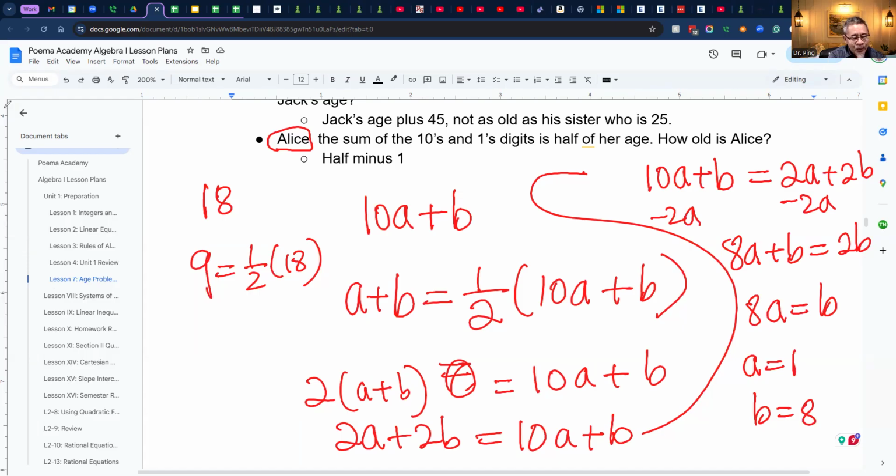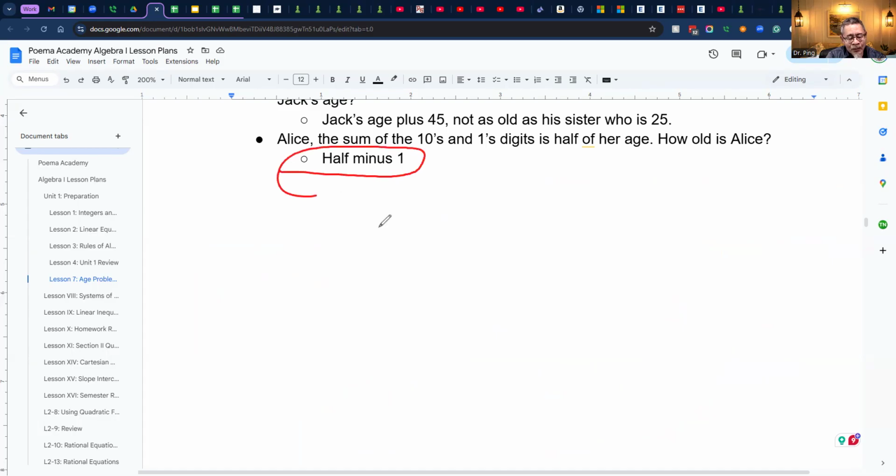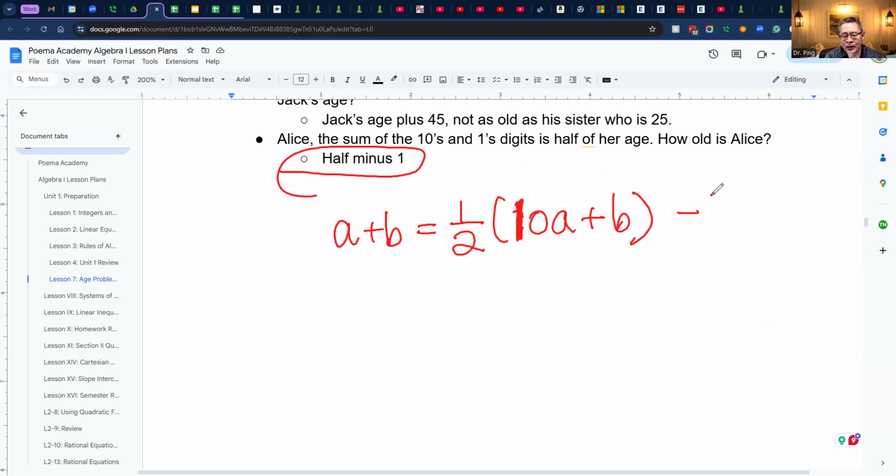Okay, let's see a different number for practice. Same, but the sum of the tens and first digits is half her age minus 1. That's the only difference. So we get A plus B is half of 10A plus B, which is the value of those 2 digits, and minus 1.